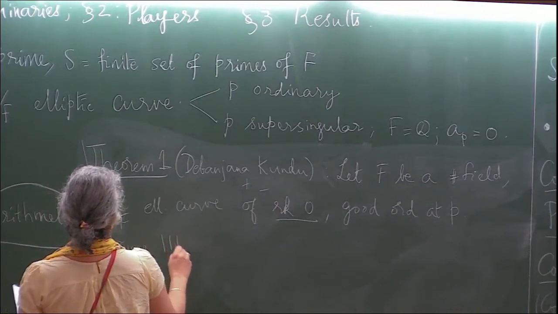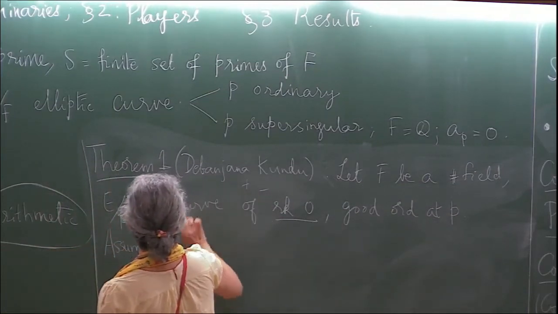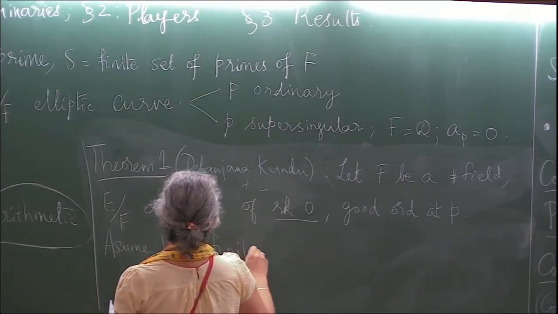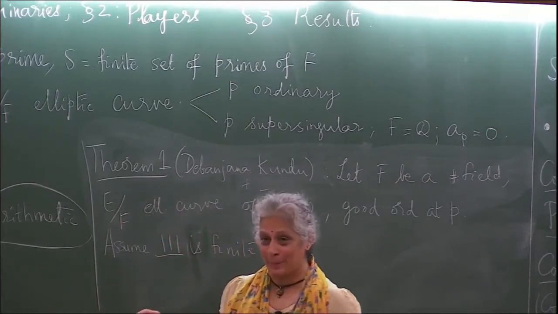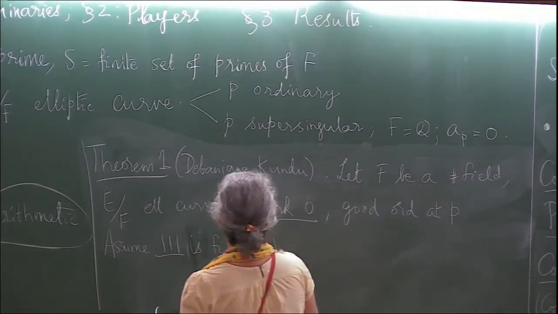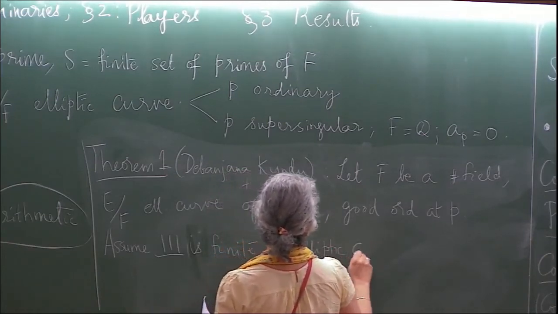Assume that the Tate-Shafarevich group of E, SHA, is finite. This is a tricky assumption, not just for this elliptic curve, but for all elliptic curves over F. So assume that SHA is finite for all elliptic curves over this number field.